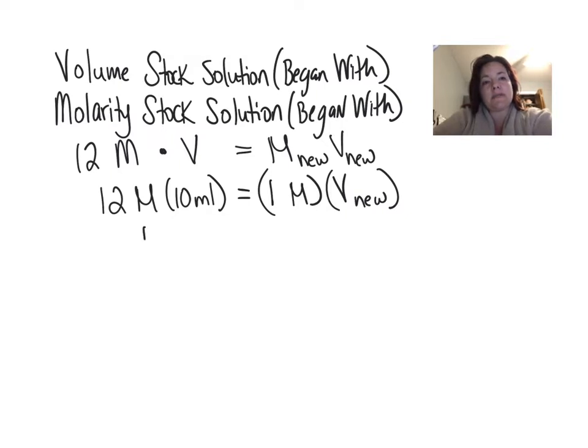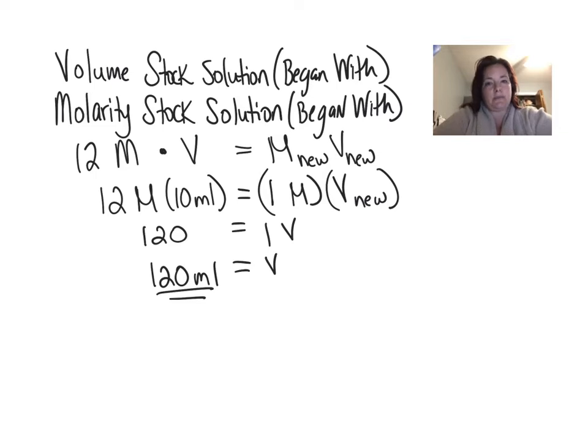12 times 10 is 120, equal to 1 times V. Dividing both sides by 1 molarity means I would need to increase my volume to 120 milliliters.